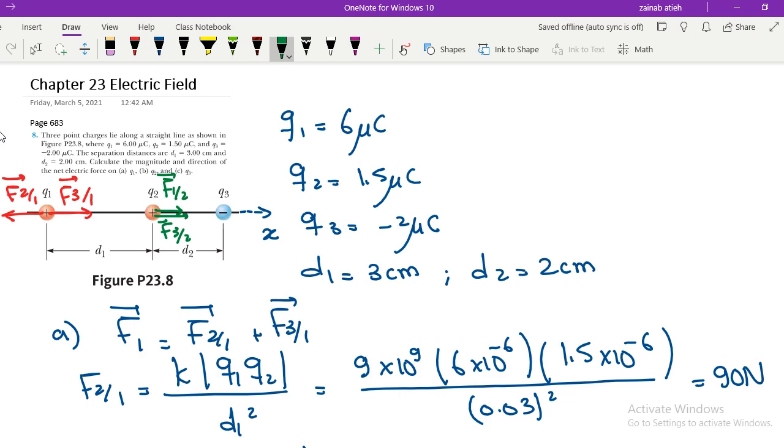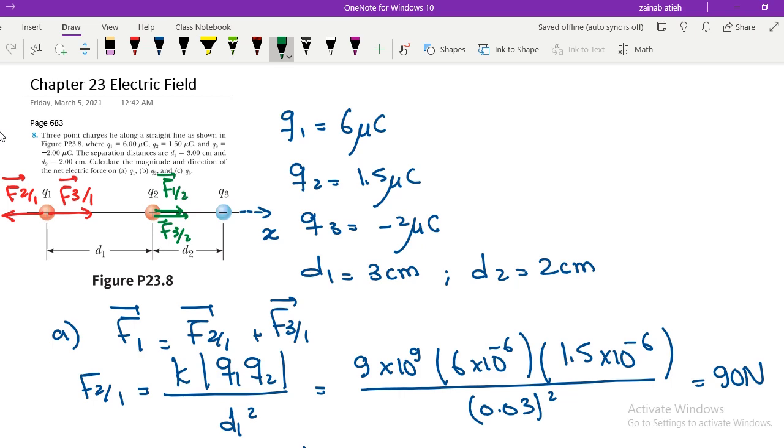Now you can do like me: find the magnitude of F1 on 2, which is the same as the magnitude of F2 on 1, written as 90I along the x-axis. With F3 on 2 you find the magnitude and write it as a function of I. You add them, and you get the total force acting on Q2.